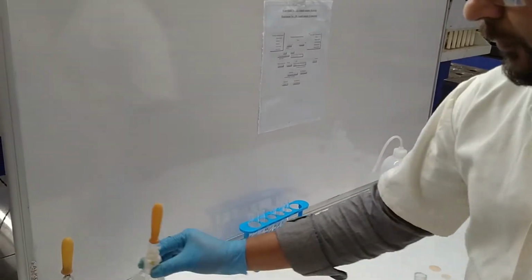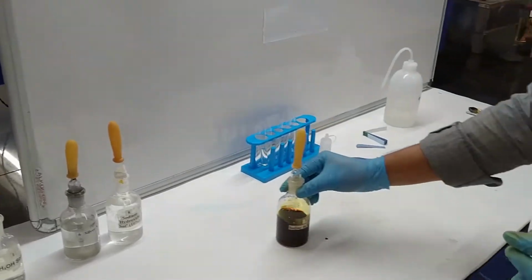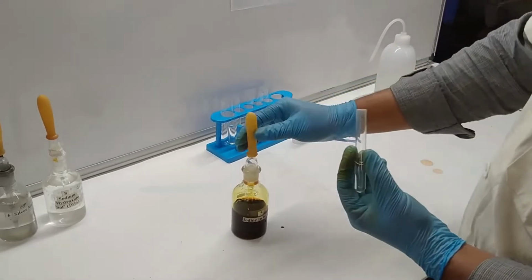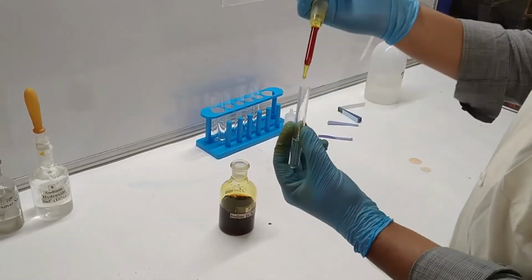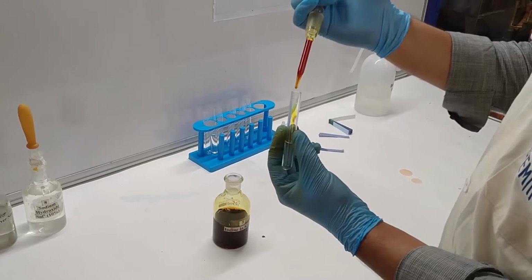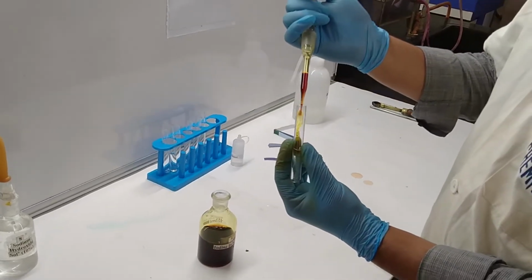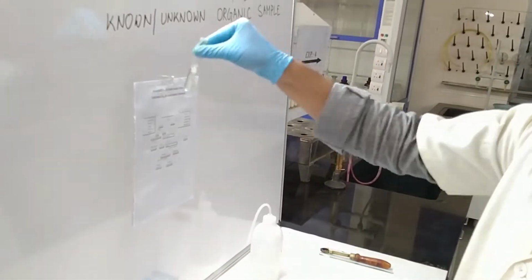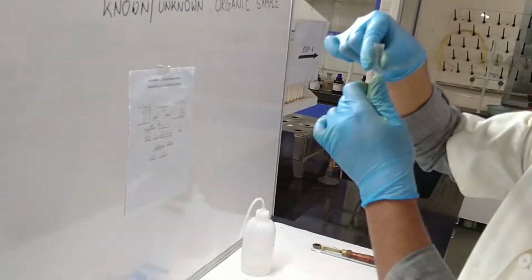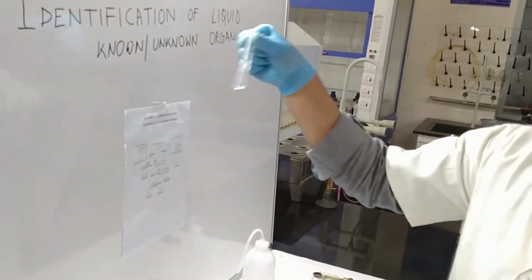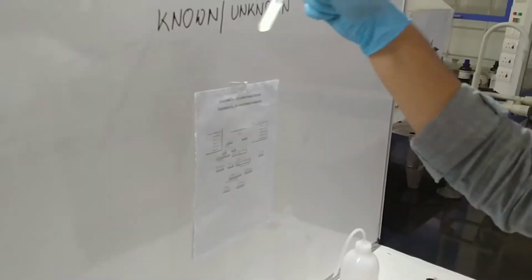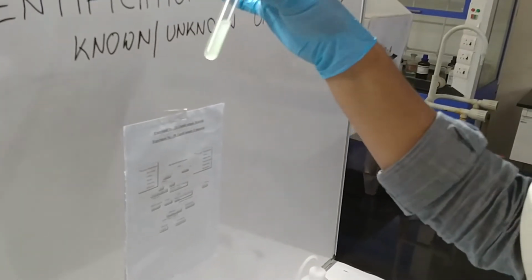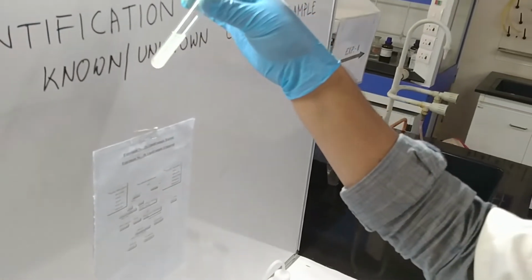Now what we have to do? We have to add KI, iodine solution, iodine in KI into the test tube. Okay, so I am going to add some drops first of all. So you can see the transparentness of the initial solution changes into the faint yellow color.